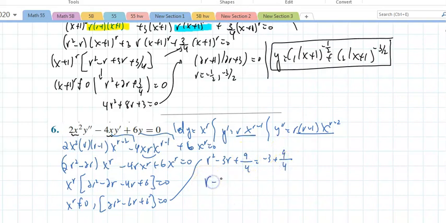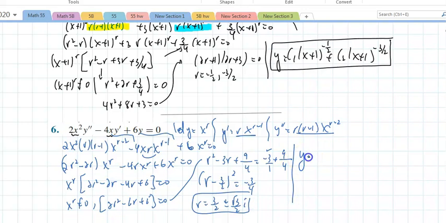That will be (r minus 3/2) squared equaling, this is negative 12 minus 9, negative 3/4. So r will equal 3/2 plus or minus radical 3 over 2 i. And we know how this works.